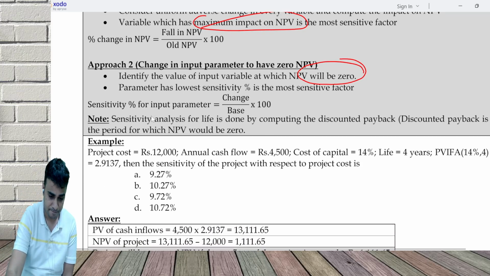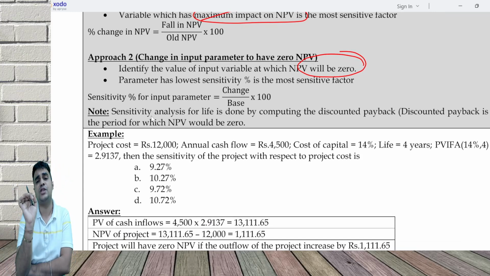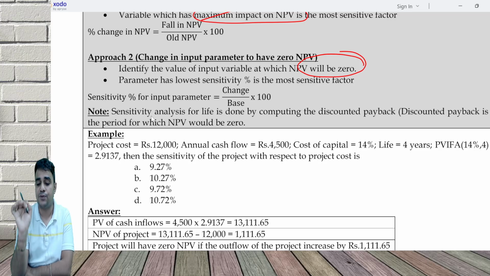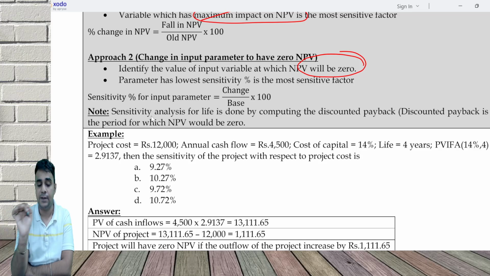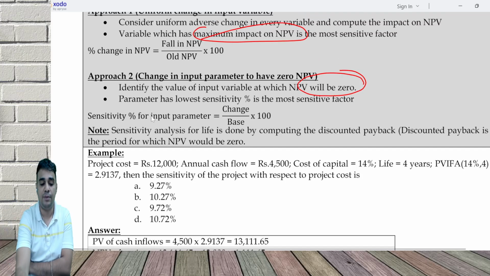Example we have: project cost is 12,000, annual cash flow is 4,500, cost of capital is 14%, life is 4 years, PVIFA at 14% is 2.9137. First, can you tell me the NPV of this project?